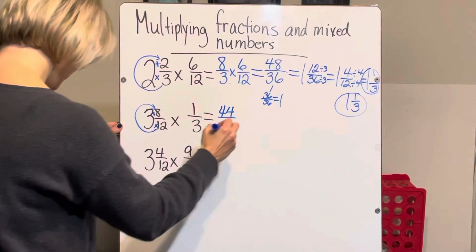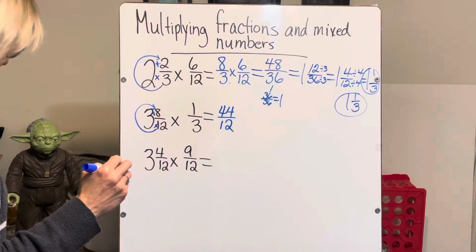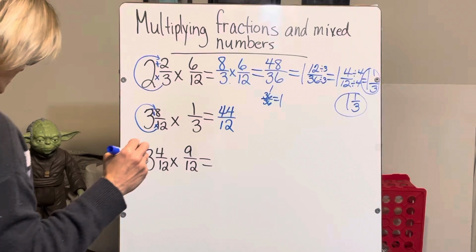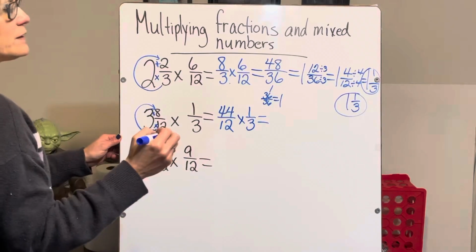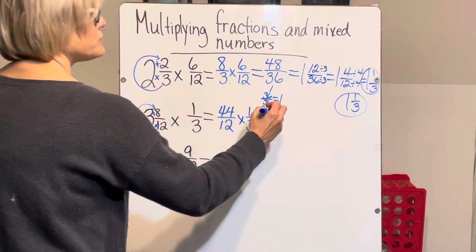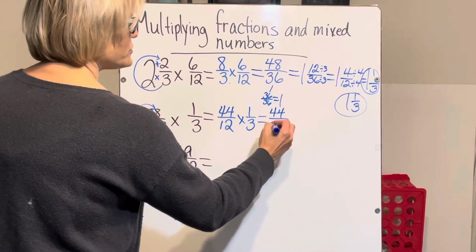So I have 44/12 times 1/3. Then I'm going to multiply 44 times 1, which is 44, and 12 times 3, which is 36.